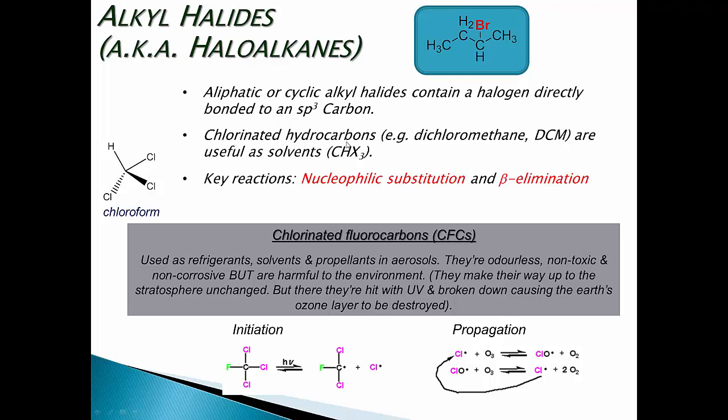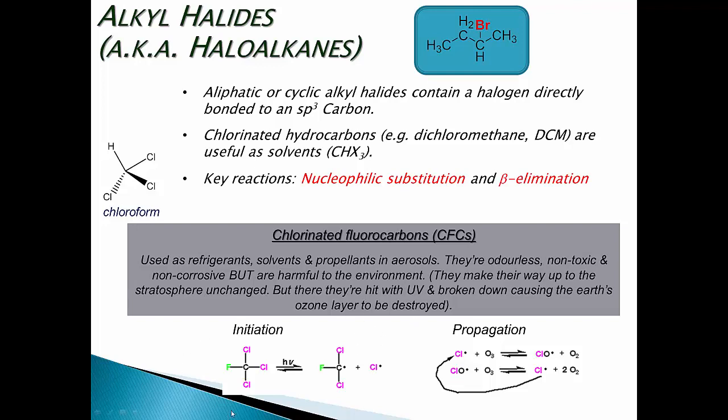So we have chlorinated hydrocarbons. DCM, dichloromethane, we will be using in the laboratory this semester, and chloroform is another example. Chlorinated hydrocarbons are commonly used as solvents. Key reactions that haloalkanes undergo are nucleophilic substitution again and beta elimination, so the same sort of chemistry as our alcohols.